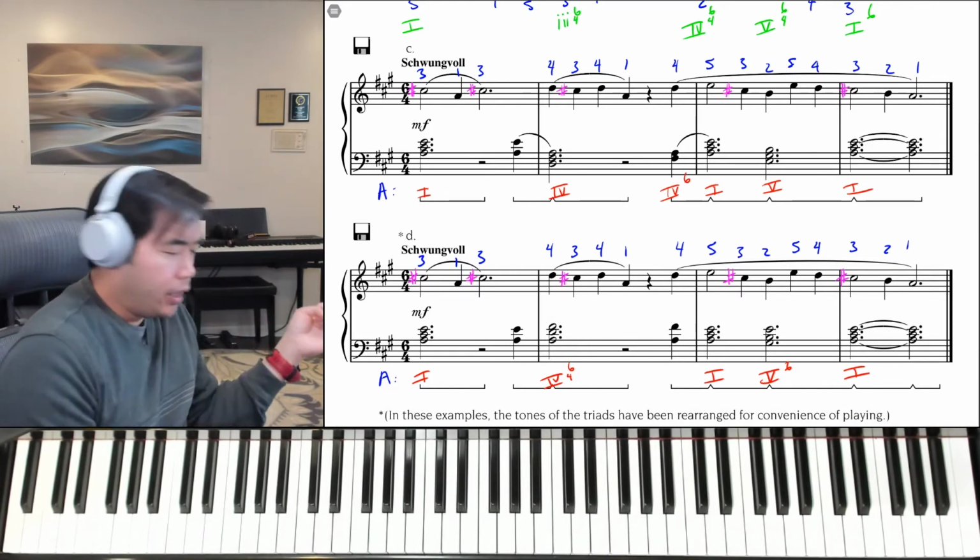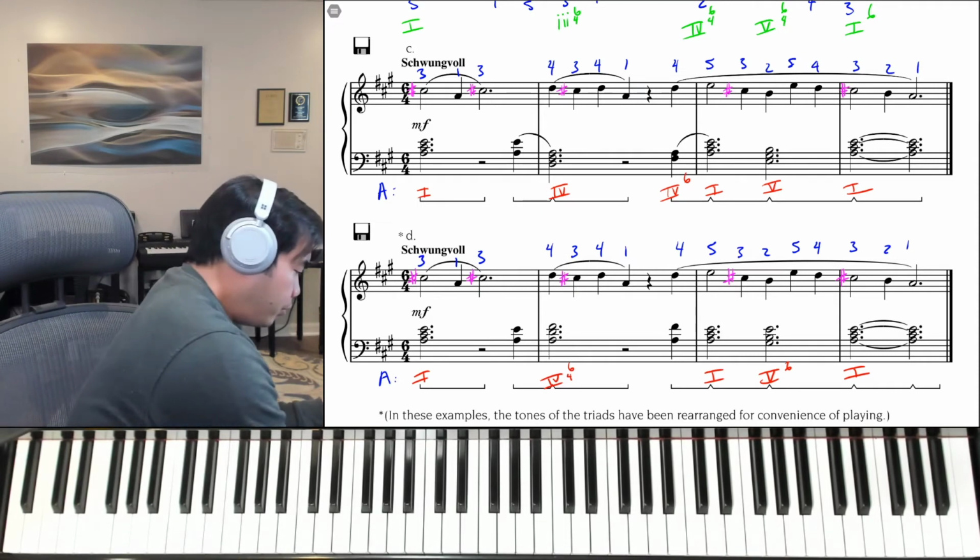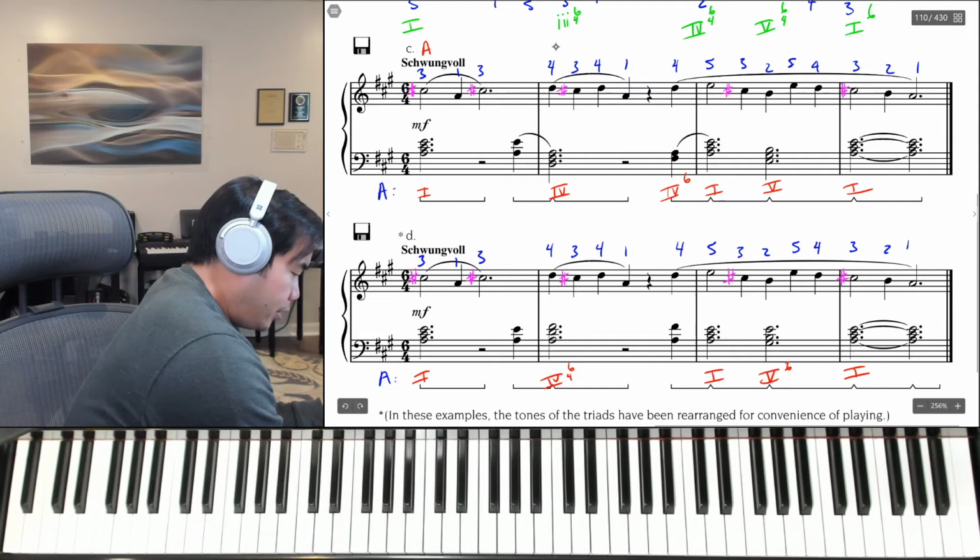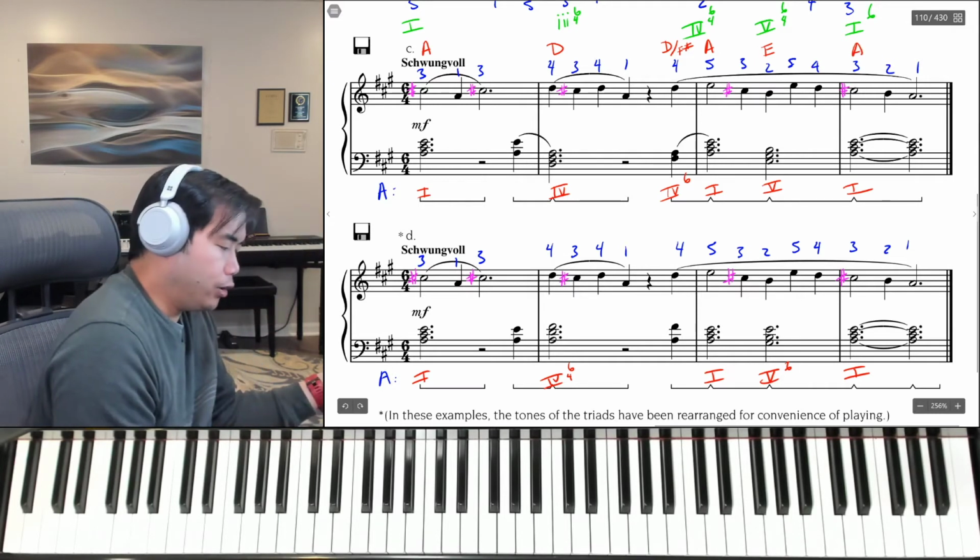And if we write in the lead sheet symbols, for example C, we have A major chord, then a D major chord, then this technically is a D over F sharp, then an A major chord, E major chord, and back to an A major chord.